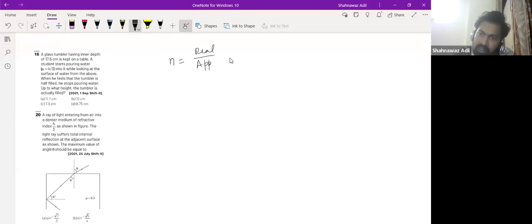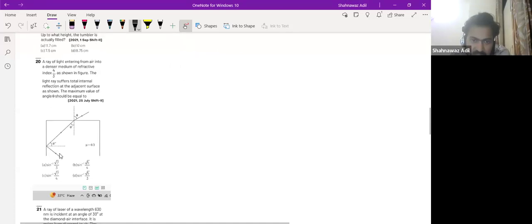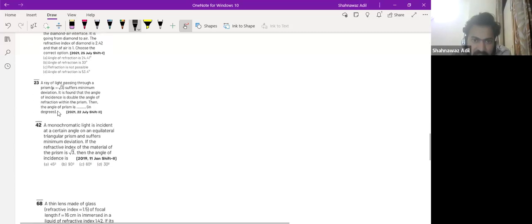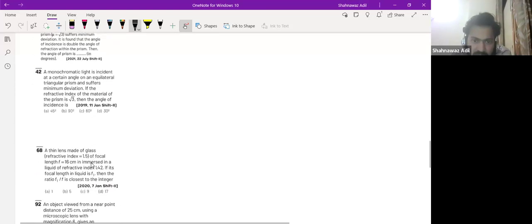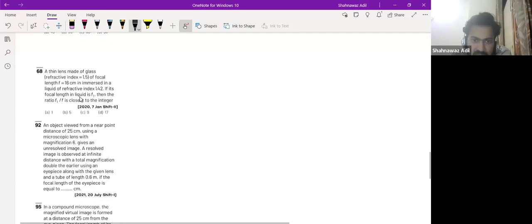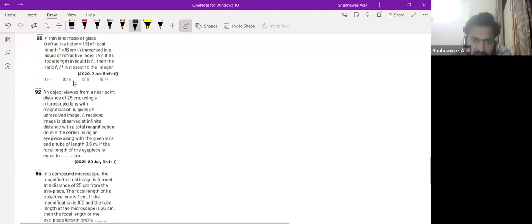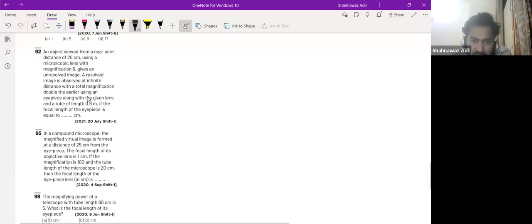Then we have to use Snell's law in here. Then the diamond air interface, wavelength, again we have to use Snell's law. Then prism, the lens maker's formula, the compound microscope, then telescope.